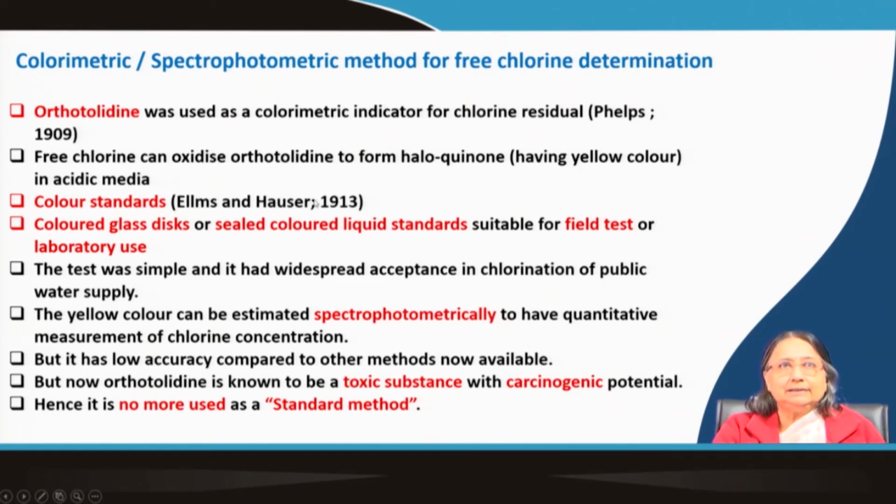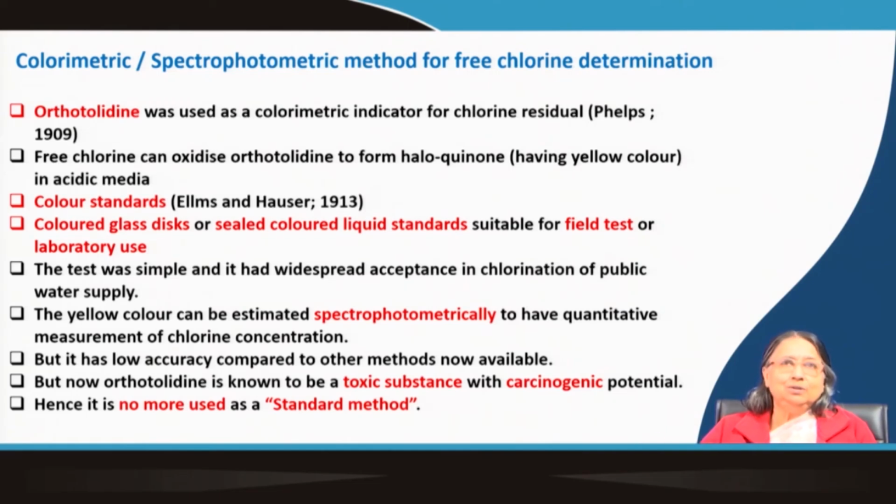This is done by color standards. Why are these important? At that time, spectrophotometers were not there, so simple methods were used. But because chlorination had already started, you needed to determine how much residual chlorine was there. So you can prepare standards: with a known concentration of chlorine you add the reagents, color is developed, and then you seal it; this is the standard.